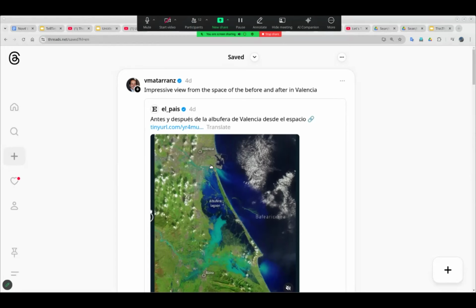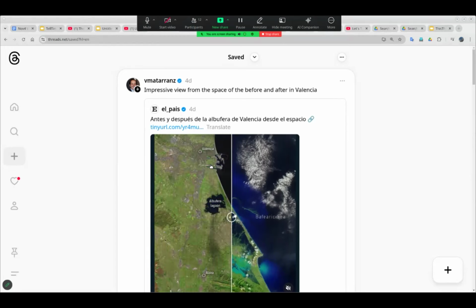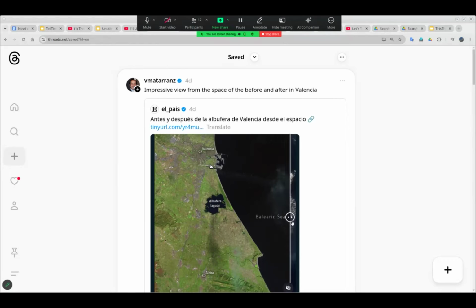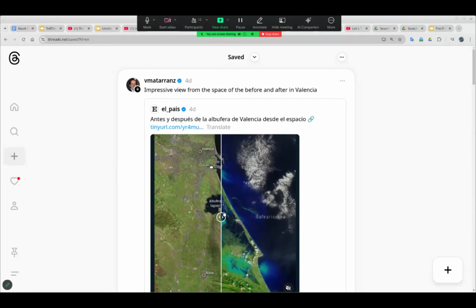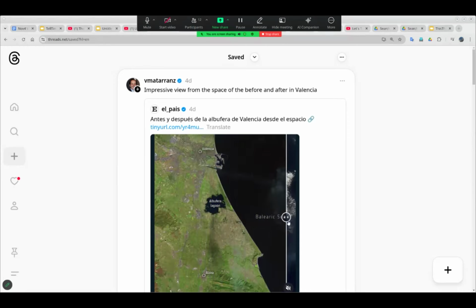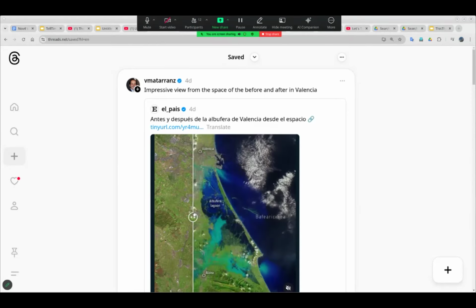Wow. Here is the difference before and after. The ocean has taken over. Look at that. Is that something I can identify with masculine, feminine? No. It's like a whole situation, right? It's something that happened.